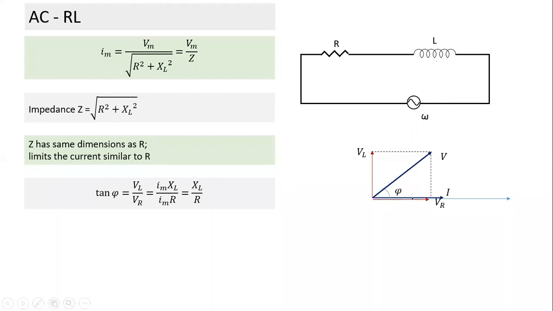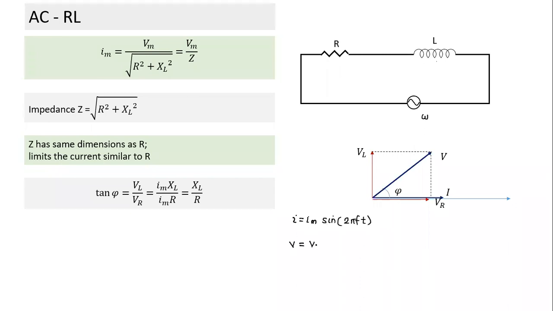So I can write an expression for current. If I write I is equal to Im sine of omega t, or you can write it in terms of f also. If this is the current, what will the voltage be equal to?